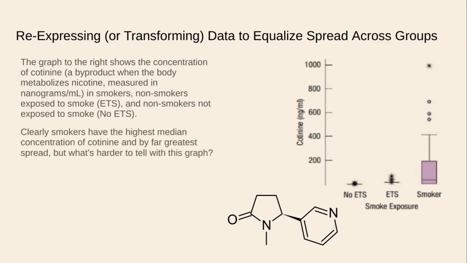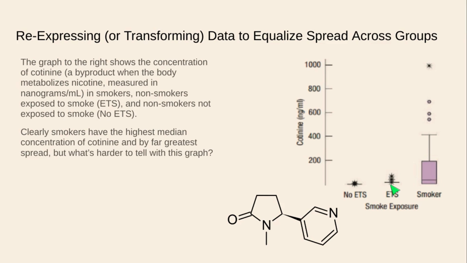So clearly smokers have the highest median concentration of cotinine and by far the greatest spread. Okay, that's easy to tell. But what's harder to tell with this graph? Well, what's the meaningful difference between these two in terms of their spread? All right, barring the outliers, no ETS and ETS, their spread looks virtually non-existent.